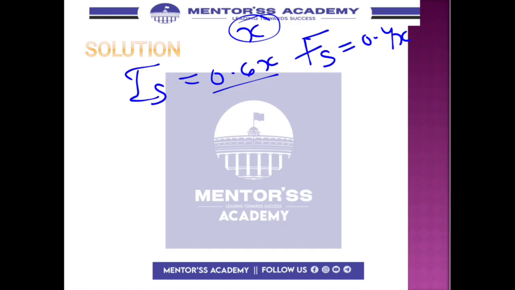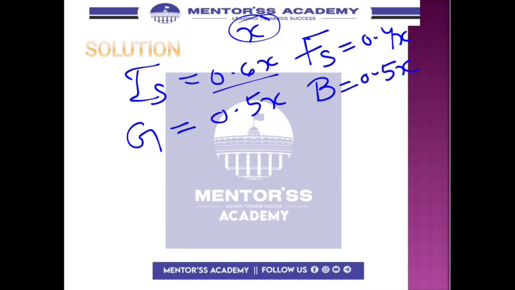It is also given that 50% of the students are girls. So girl students would be 50% of the total students, that is 0.5X. If girls are 50%, again boys would be the other 50%, so boys also are 0.5X, right?